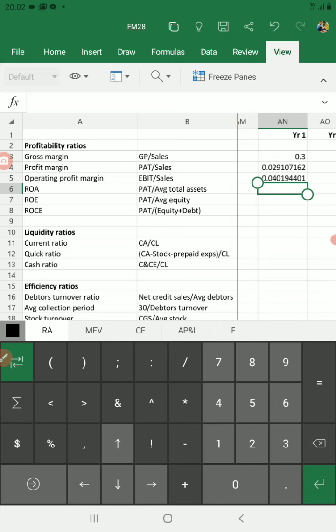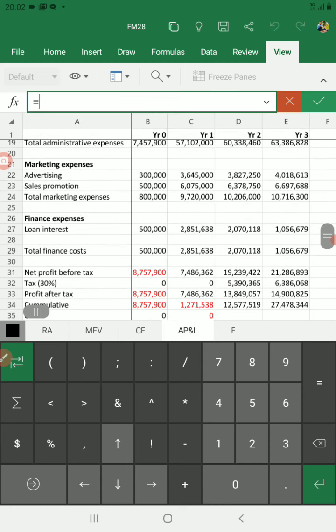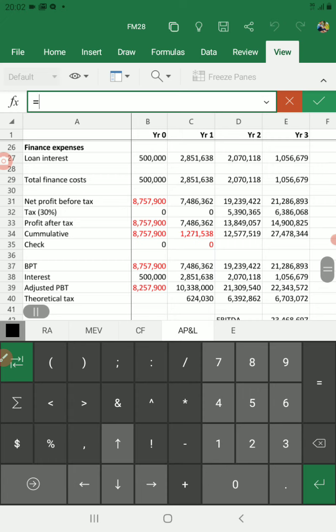Return on assets, so profit after tax divided by average total assets. So again I take this one, profit after tax, which is here, for year one, divide by average total assets.